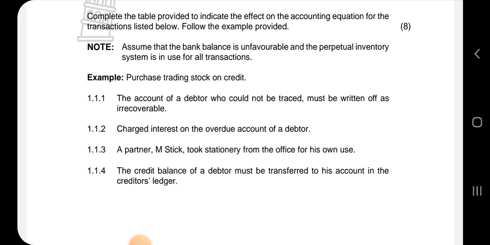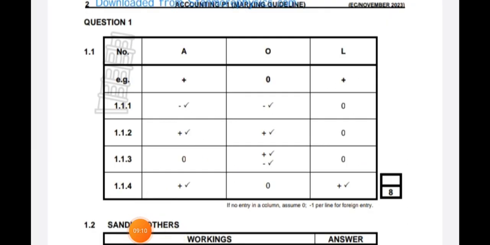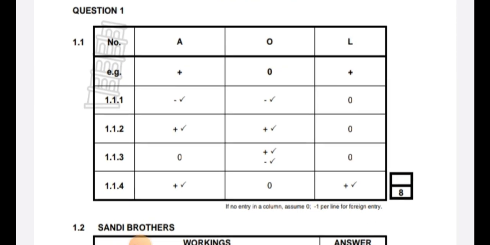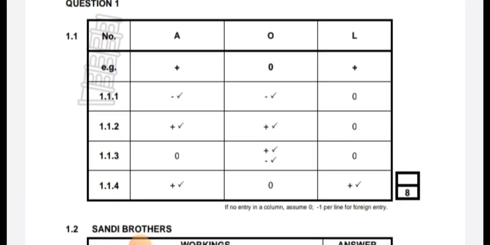This debtor has a credit balance, meaning that we owe this debtor. The debtor has paid us more, so there's an increase in asset and a decrease in liabilities. So this is how the memo looks.